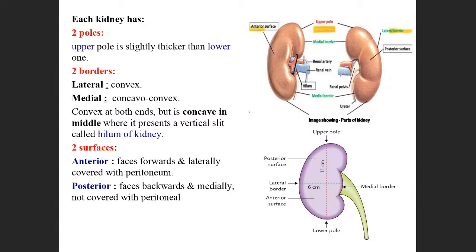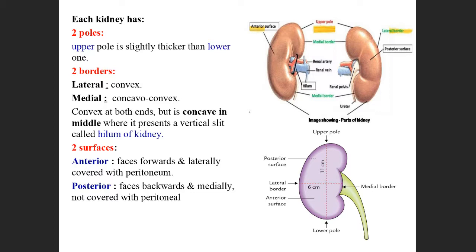Next, what are the features of the kidney? As already discussed, the lateral and medial borders. This is the lateral border and this is the medial border. This is the upper pole and the lower pole, and the hilum of the kidney, the anterior surface, and behind this we have the posterior surface.